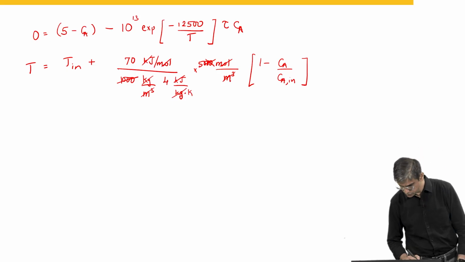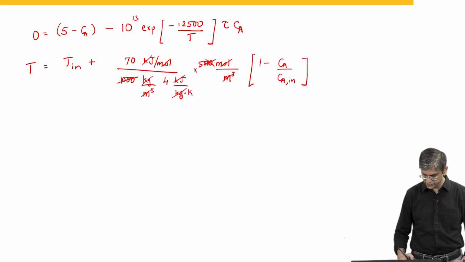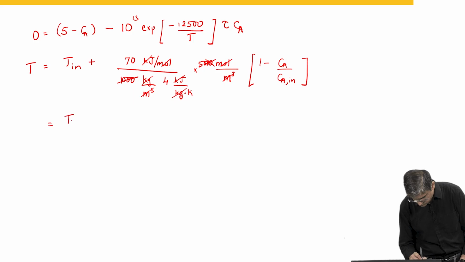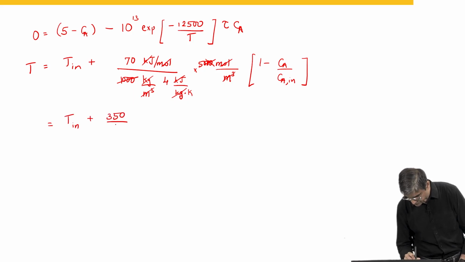Okay, so you have 70 multiplied by 5 divided by 4, 350 divided by 4, 1 minus.